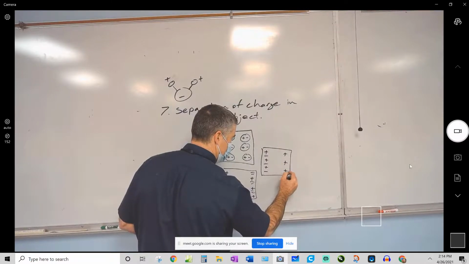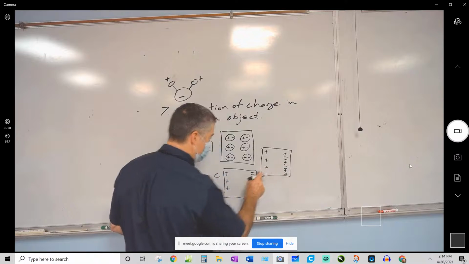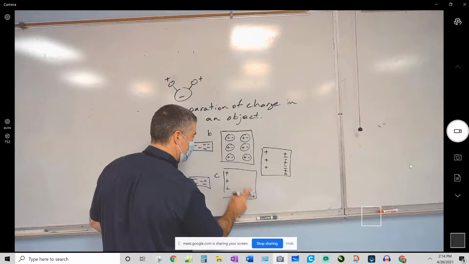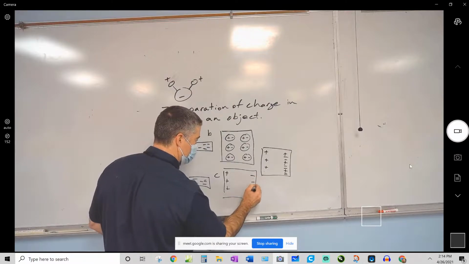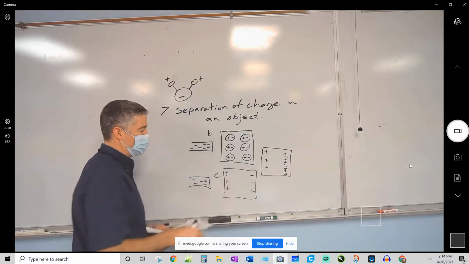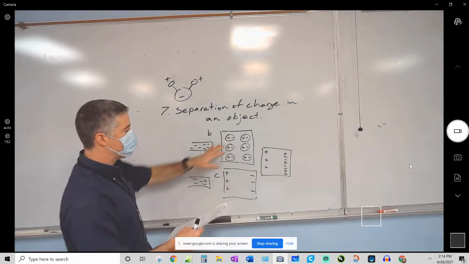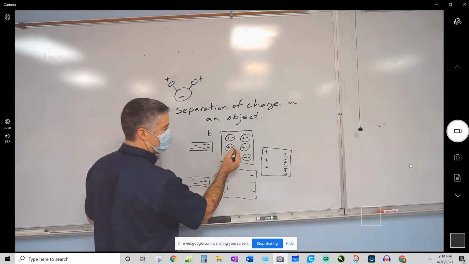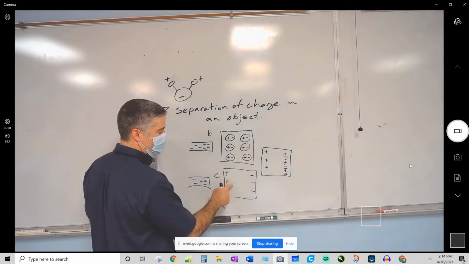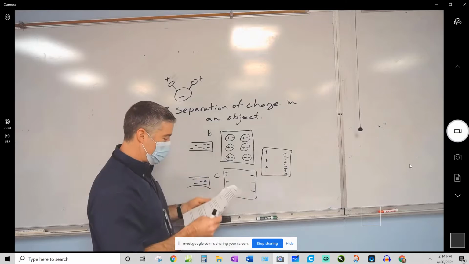So now it's like this. They make it look like in their diagrams that all the negatives get pushed to the right and the positives get pulled to the left, but protons can't actually move. But anyway, this is an insulator. These electrons in an insulator can't leave their atoms and flow to the other side. In a conductor, the electrons can flow all the way to the other side.